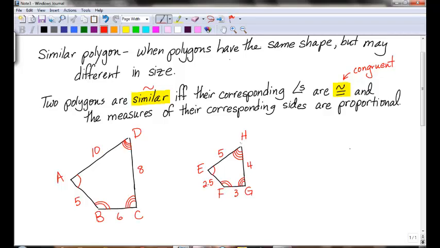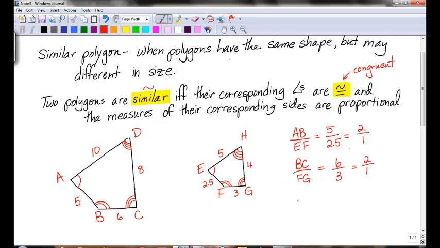Now, if you looked at these, AB to EF, AB is 5, EF is 2.5. 2.5 goes into 5 twice, and into EF, 2.5 would go in there once. BC is in a ratio or proportional to FG, and it's 6 to 3, and all of these have to be the same.